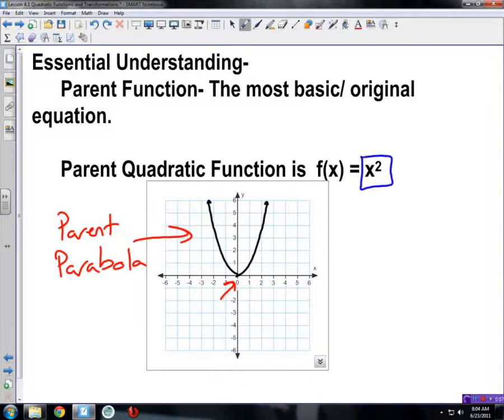So if I take 1, what's 1 squared? Well, 1 squared is 1. If I look at 2, what's 2 squared? Well, 2 squared is 4. If I look at 3, 3 squared is 9, and so on. So it really comes from the math there.